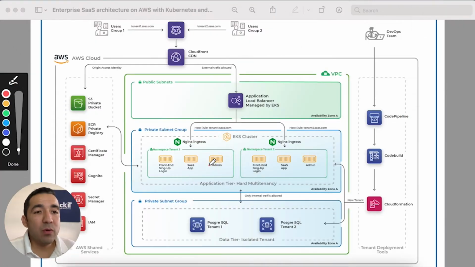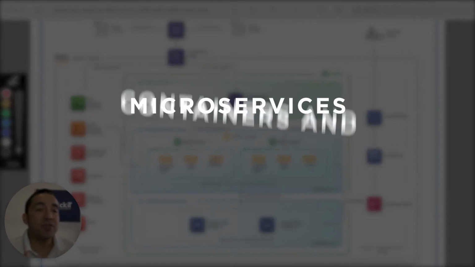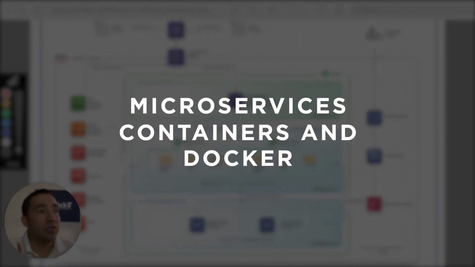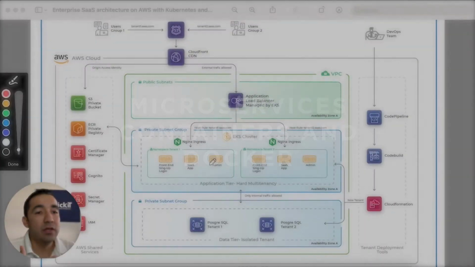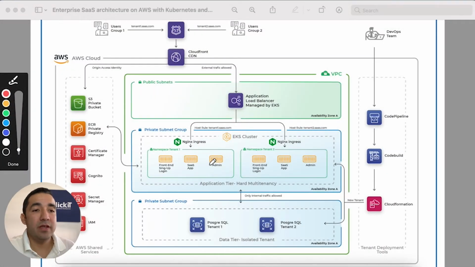So now guys, we will talk about the microservice architecture, which covers containers, Docker, and Amazon AKS. We will have 3 microservices. In this particular case, we will have 3 applications in one microservice, which will be the front end or application, the sign up, and the login.